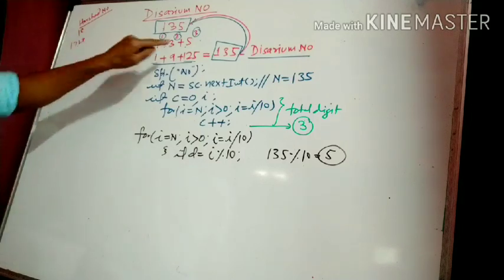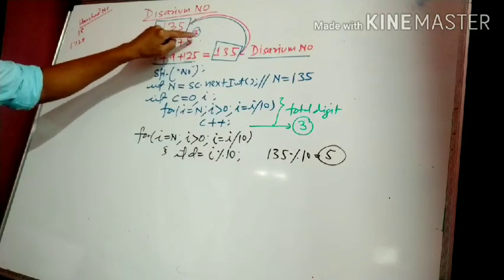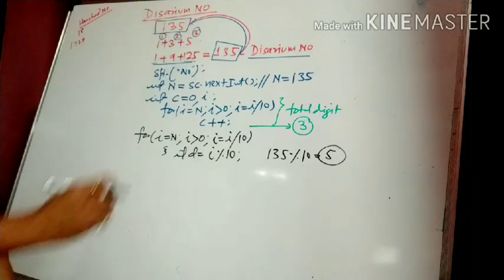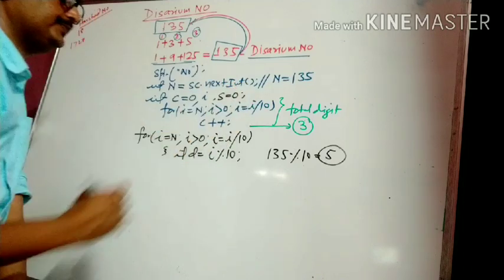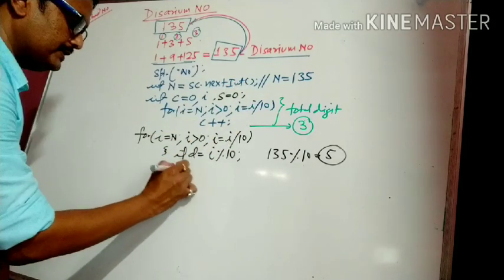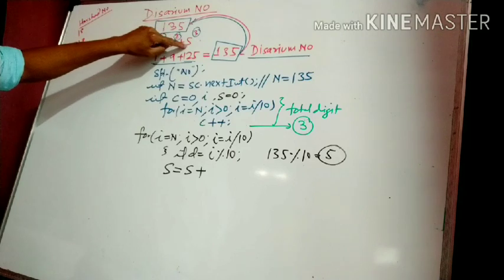Now what I am doing here, just see, 5 to the power 3, and it will add. So take a variable here, s is equal to 0. Here you write s is equal to s plus, where is 5 stored? In d.